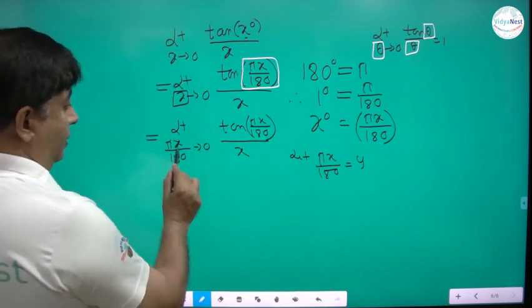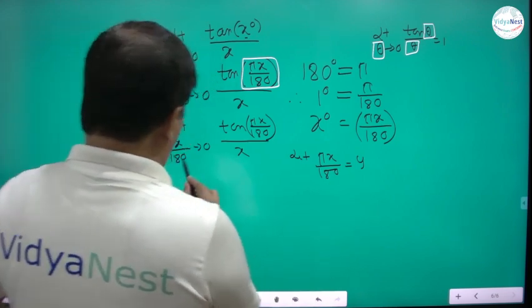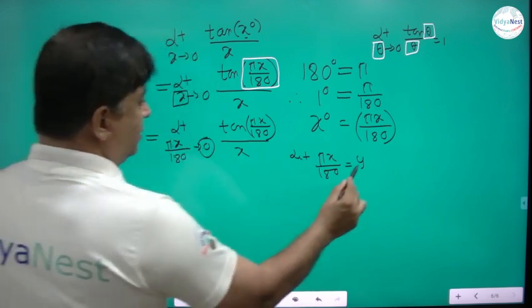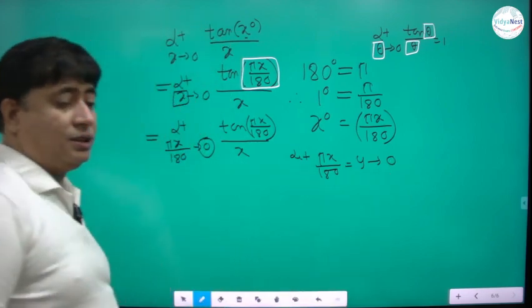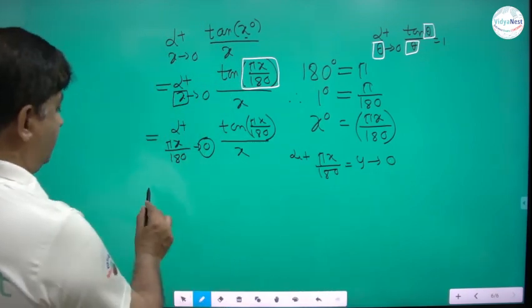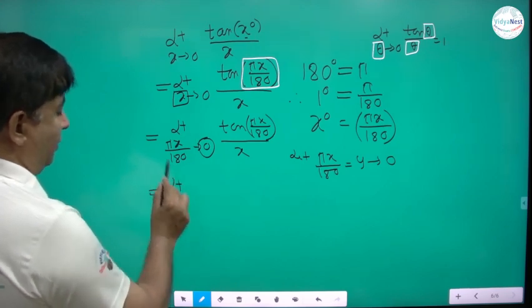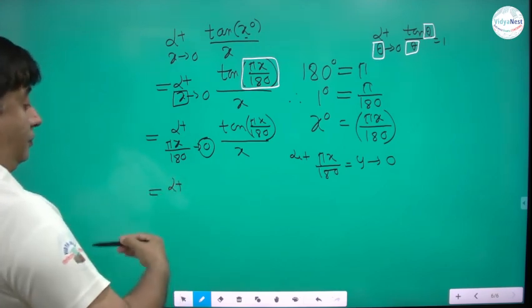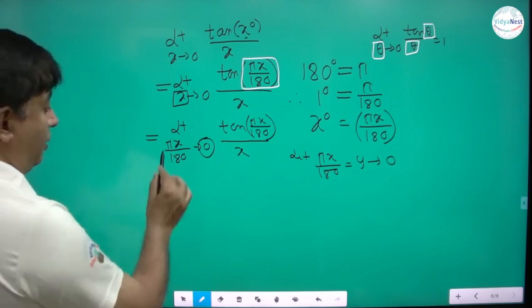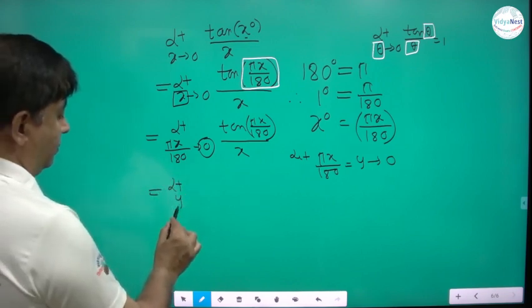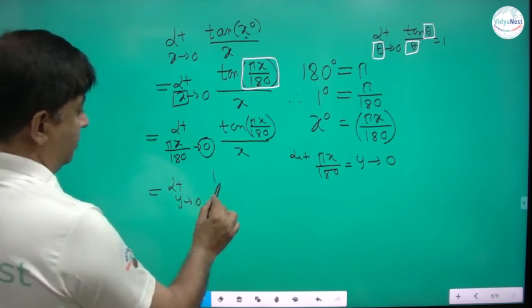So, as x tends to 0, it means y also tends to 0. Yes or no? So the variable is changed from x to y, tan y.